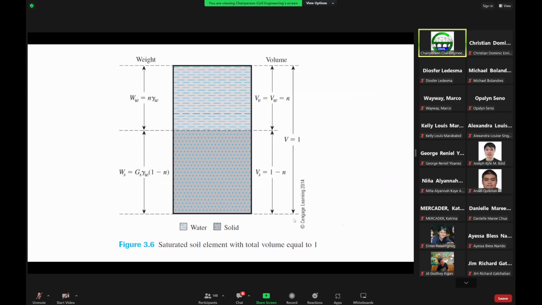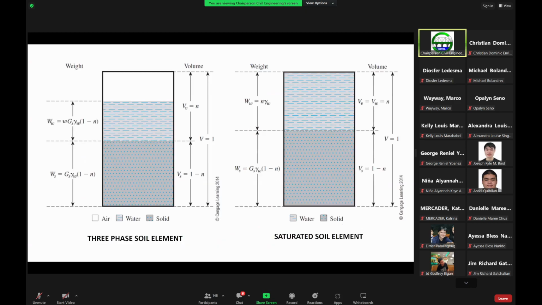Again, just to compare the two diagrams, I copy pasted the two diagrams for the three-phase soil element, this time with some air, and for the saturated soil element, this time with no air, fully saturated. The total volume is presumed to be 1. Then we can now compare their formulas.